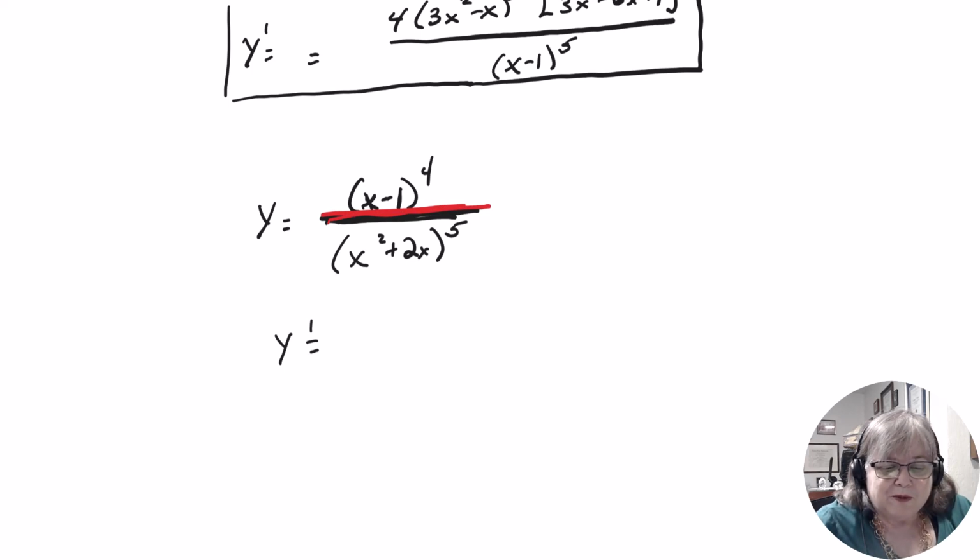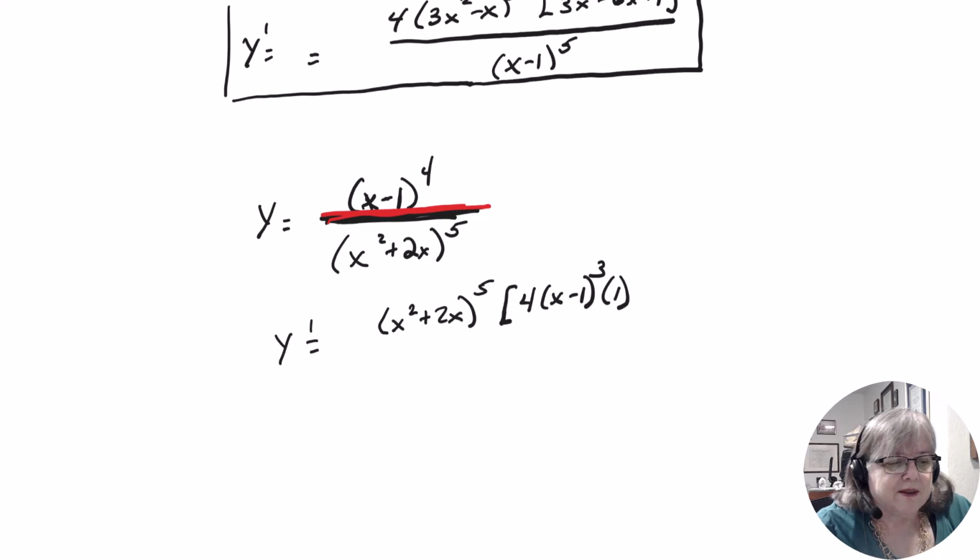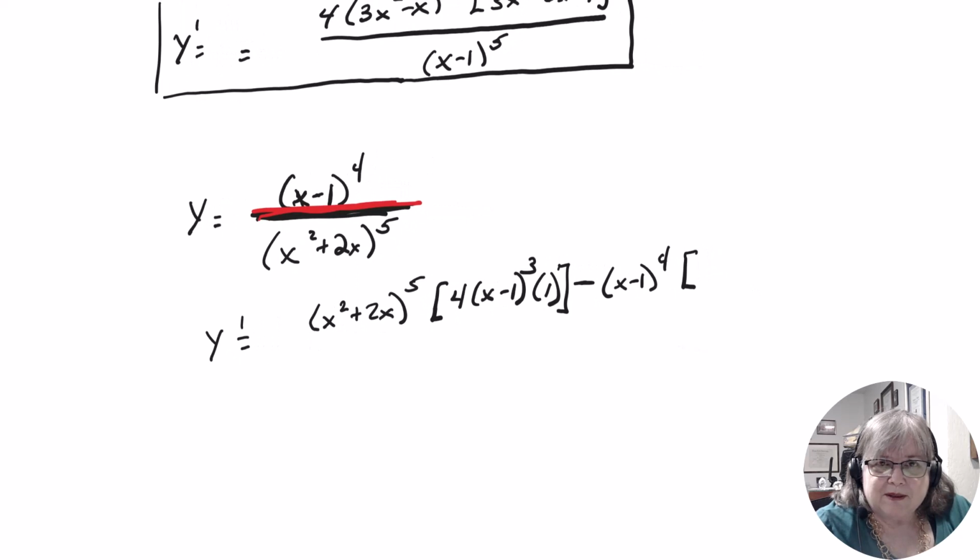So how does the quotient rule go? It's the bottom times the derivative of the top. Okay, now the top is the power rule. So you bring the power down, leave the inside alone, take 1 off the power, loop back in and take the derivative of the inside. Minus, okay, because it's bottom times the top, minus the top times the derivative of the bottom, which is the power rule.